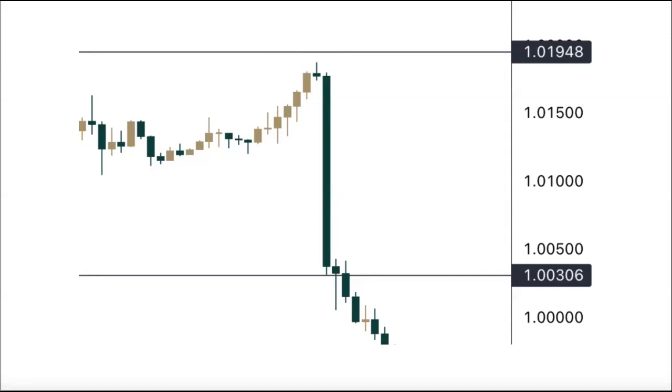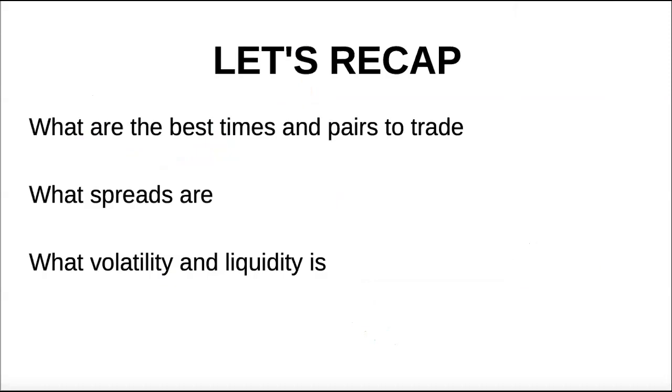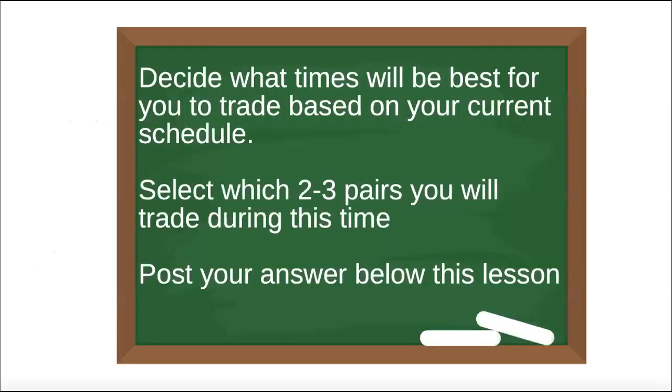So we've gone over all of the sessions. Let's just recap. By this time, you should know the best times to trade, the pairs to trade, what a spread is, and what volatility and liquidity is. For your homework, what I want you to do is decide what time is going to be best for you to trade based on your current schedule.